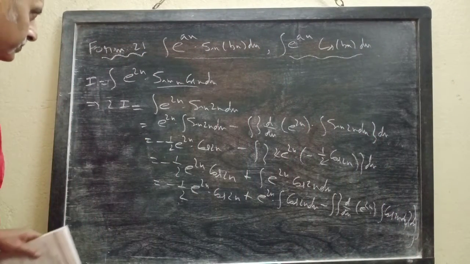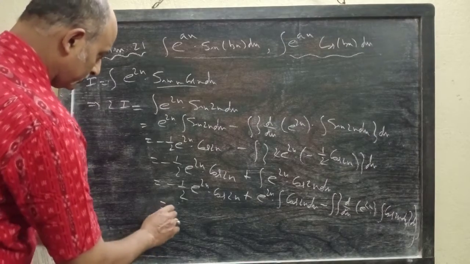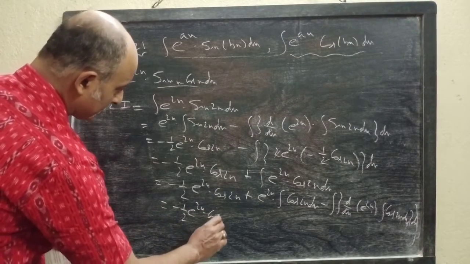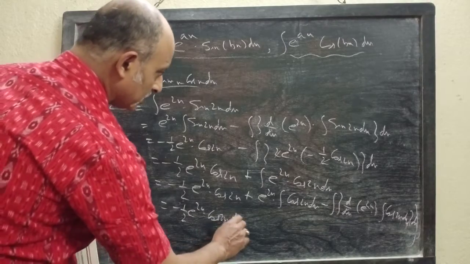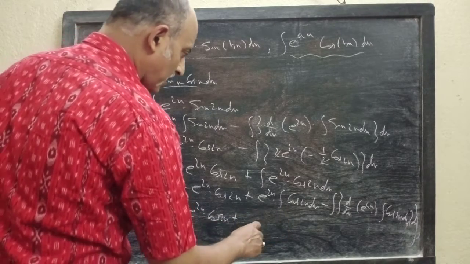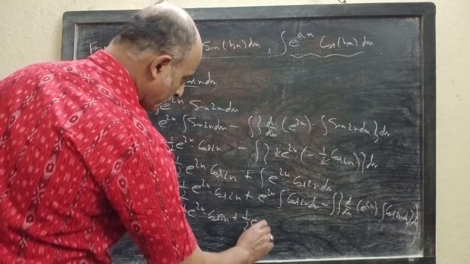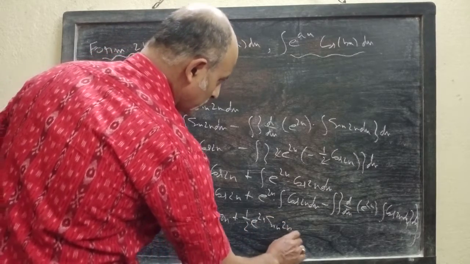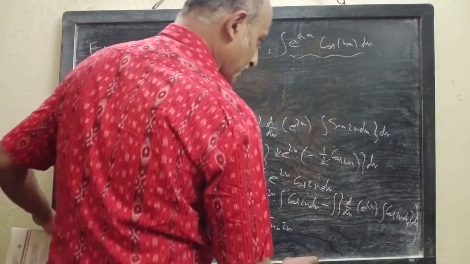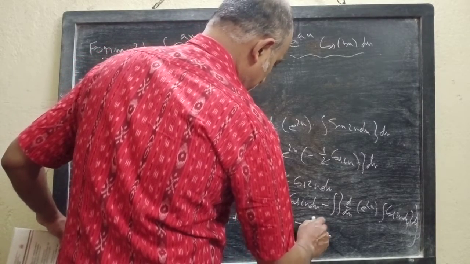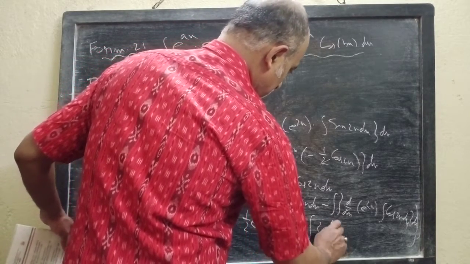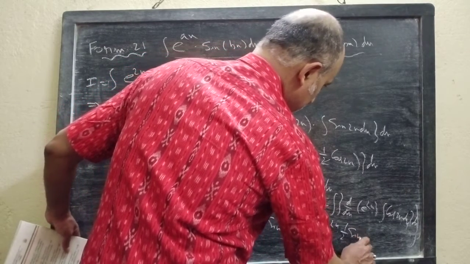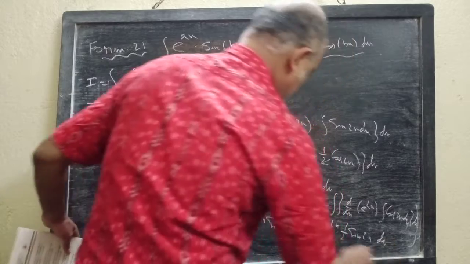Then minus half e to the power 2x cos 2x plus half e to the power 2x sin 2x, minus integration 2 e to the power 2x times half sin 2x dx.